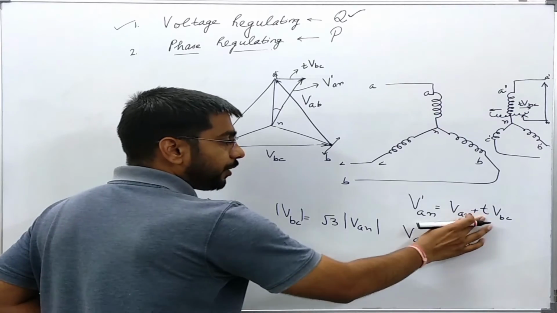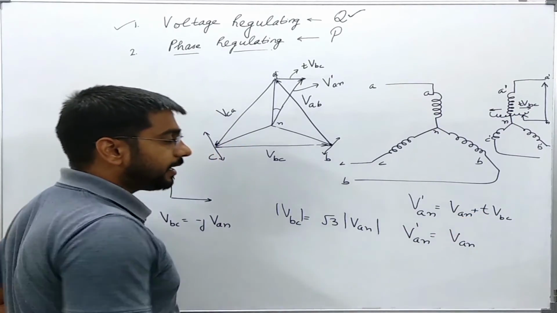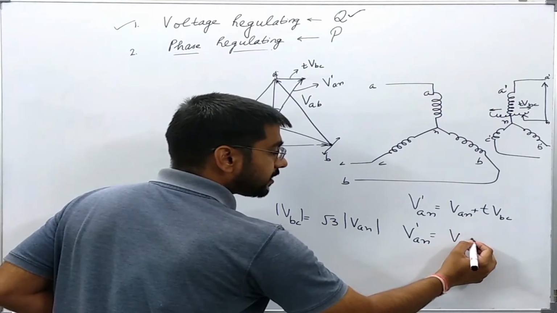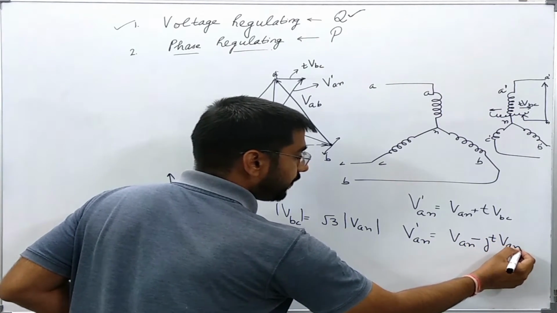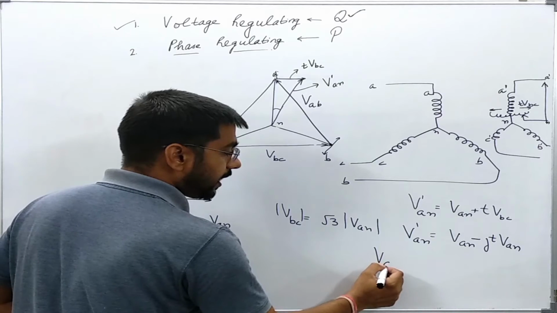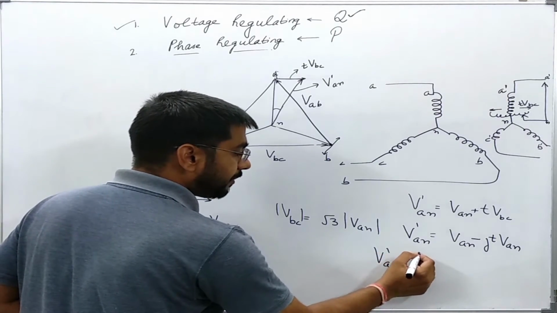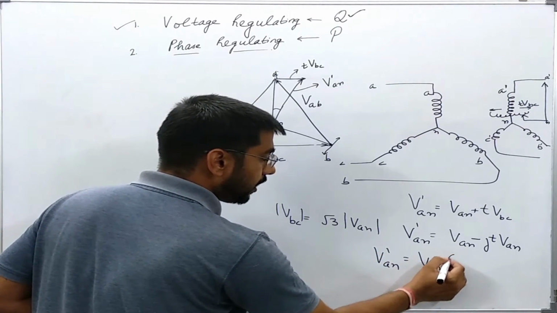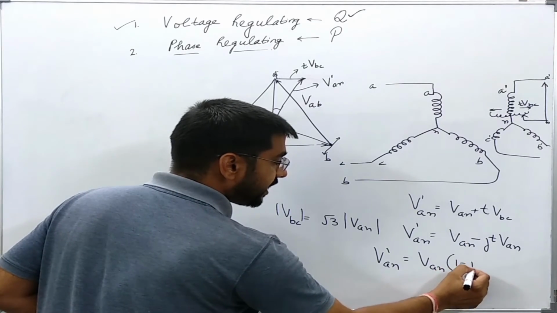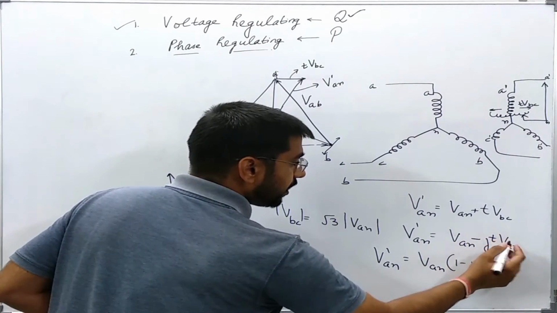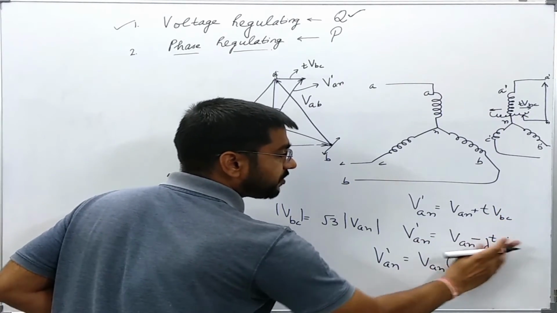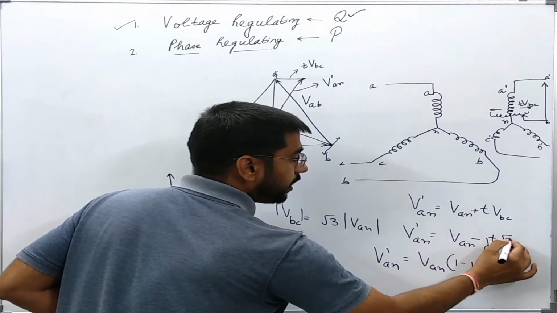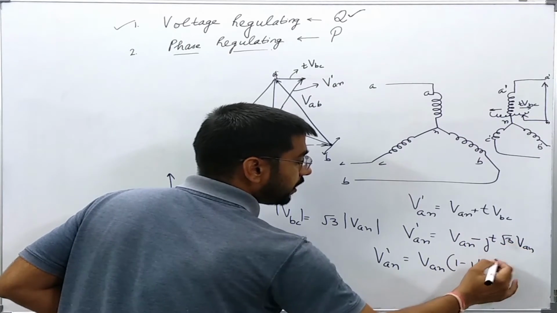Okay, and in terms of magnitude, this T is taking care of that. So this is minus j T times VAN. So VAN prime is nothing but VAN into 1 minus j T, and this root 3 also is there because VBC is root 3 times VAN. Root 3 VAN T root 3.